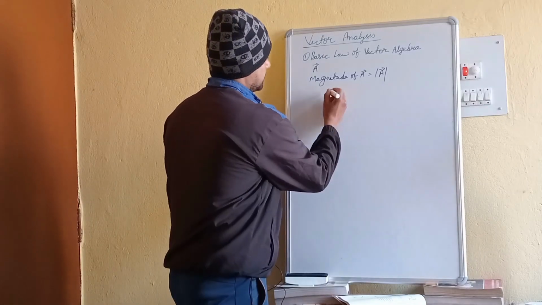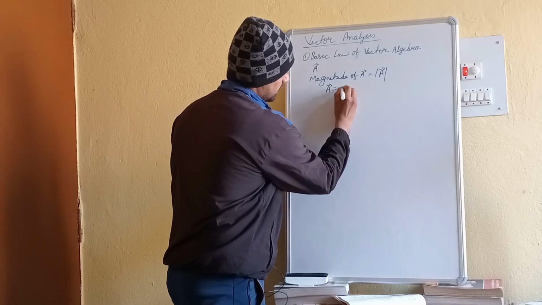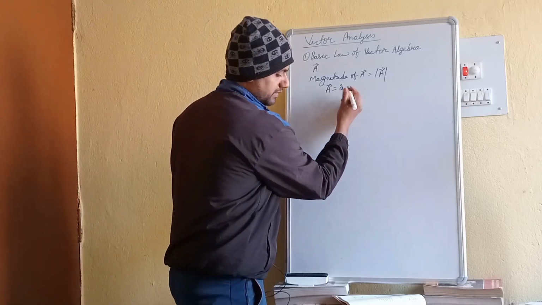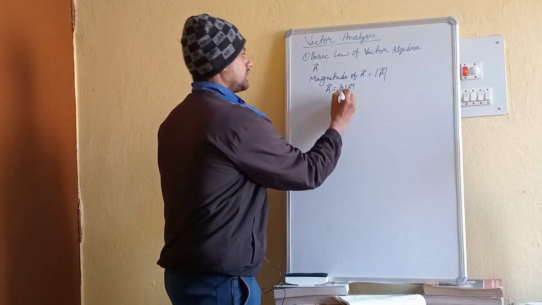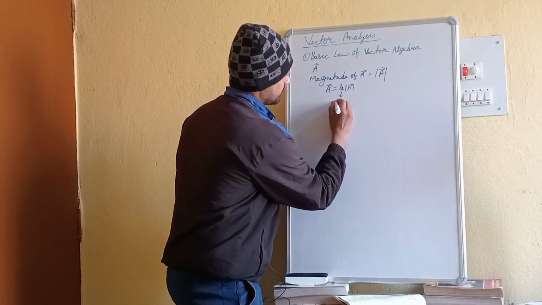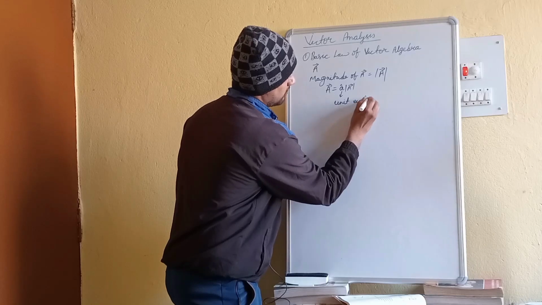And this vector A can be represented by A cap, divided by the magnitude of the vector A. So what is A cap? That is nothing but a unit vector.